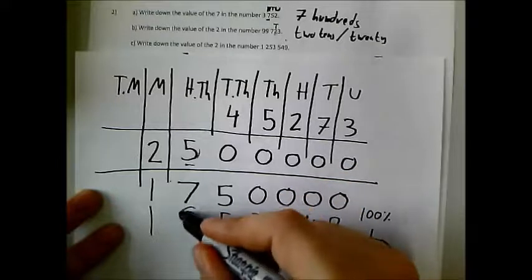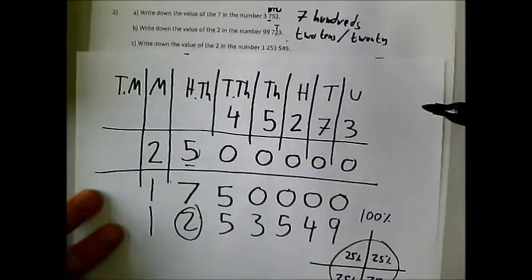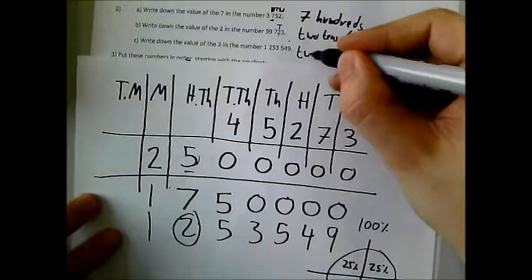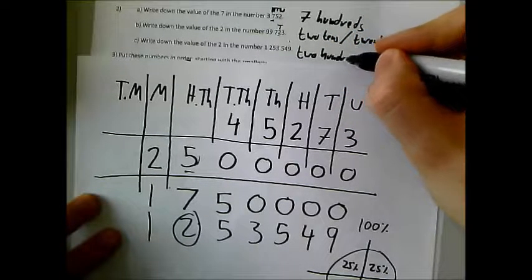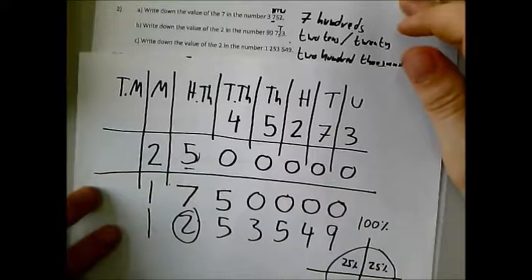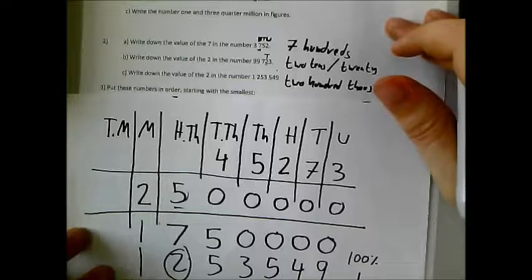So the 2 is in the hundred thousands column. So it is worth 200,000. And that's question 2.